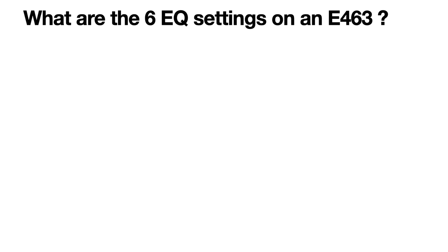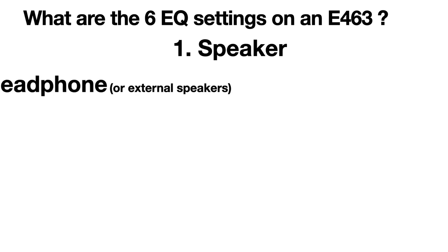So what are the 6 EQ settings on an E463? The name pretty much tells you what it does. Number 1, the speaker. This is what I want to set if I'm using the built-in speakers of my keyboard. This will get the maximum quality sound coming out of those built-in speakers.